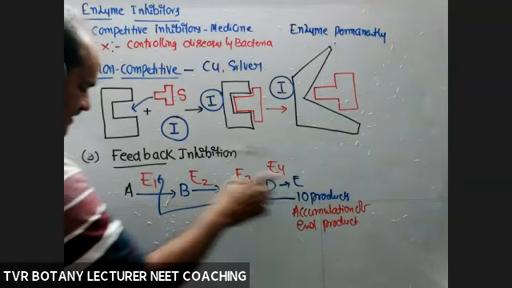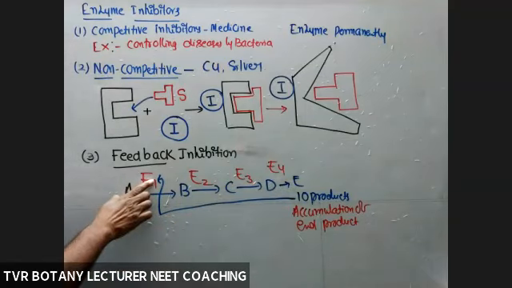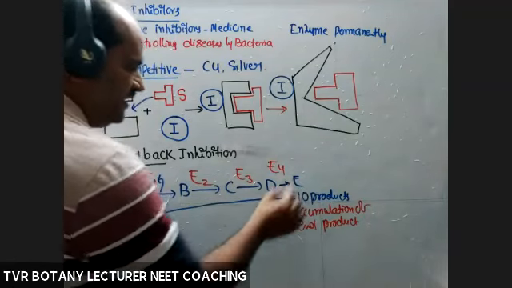Now E is competing for the binding site of the enzyme concerned with the substrate. Less number of A, more number of E.